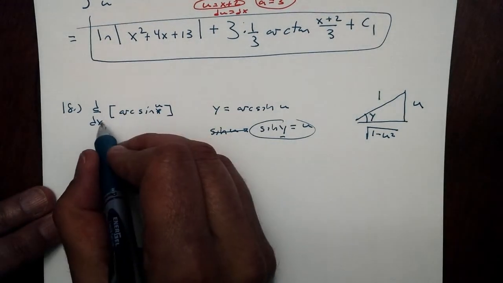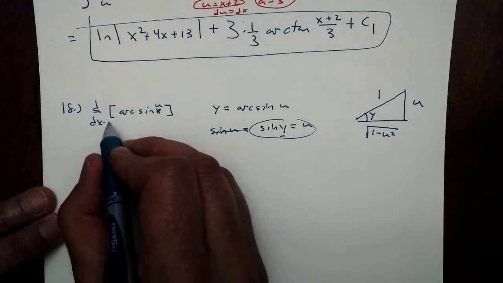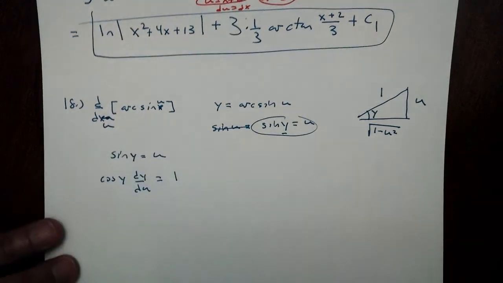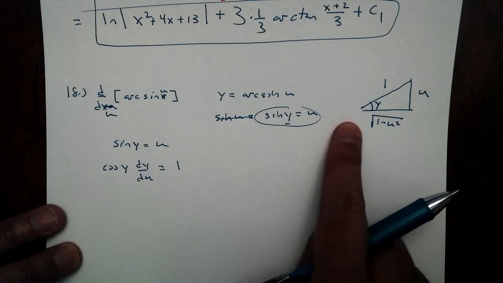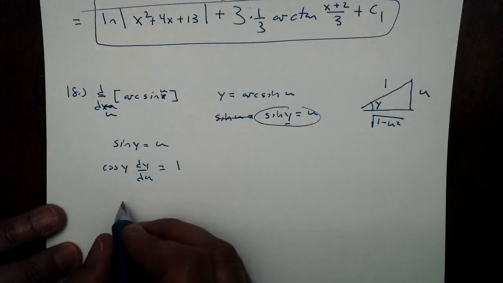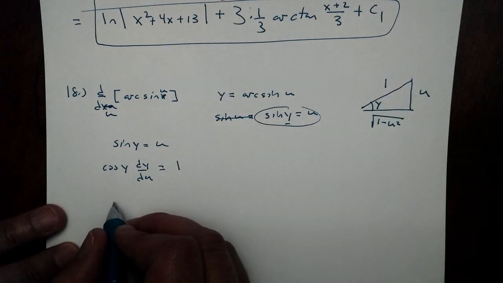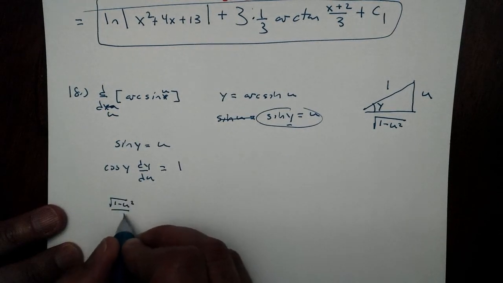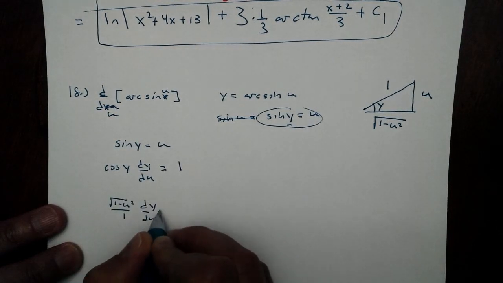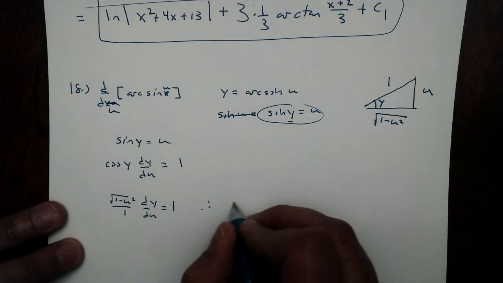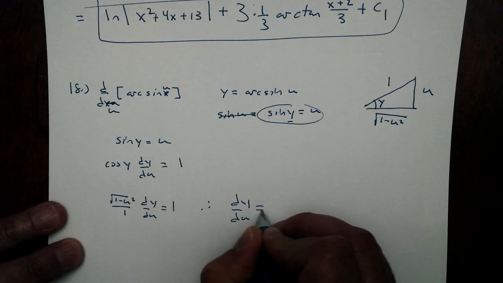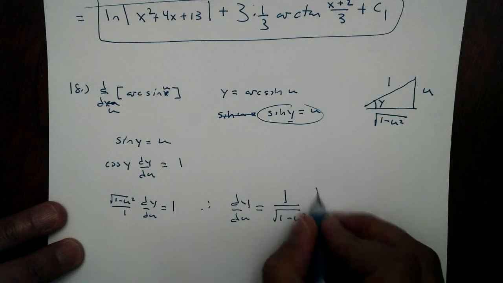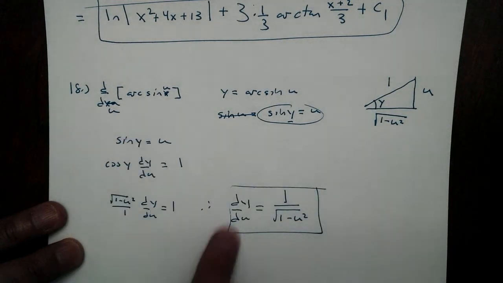Now this says x, but just replace your x's with u. I probably should do that up here so we don't get as confused. Okay, there we go. So cosine, remember, is the adjacent over the hypotenuse. So cosine just becomes the square root of 1 minus u squared over 1, dy du equals 1. Solving, dy du just becomes 1 over the square root of 1 minus u squared. And there is our rule right there.